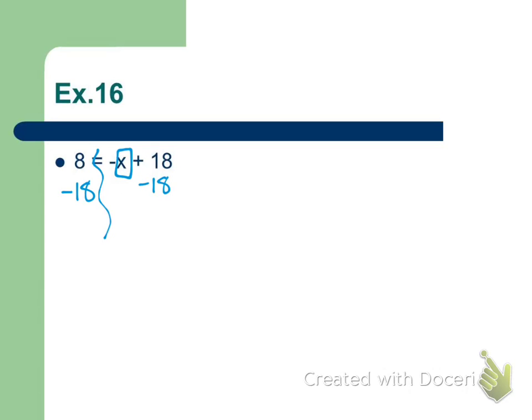Again, we still have a negative in front of our x for now. 8 minus 18. Negative 10. Very good. Again, if you're not sure, get yourself a calculator. It'll come in handy. But we don't want negative x, we want positive x. So we don't want negative 10, we want positive 10. Again, if you rewrote it, x equals 10 instead, that works too.